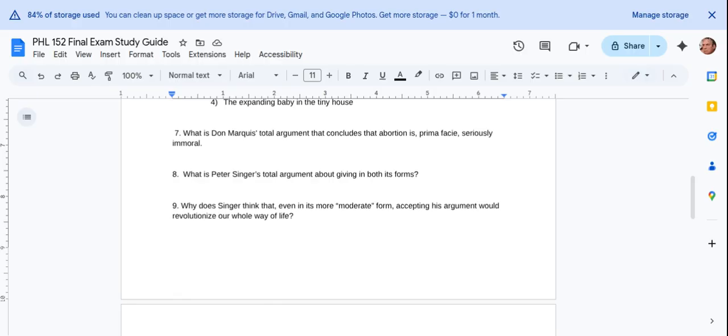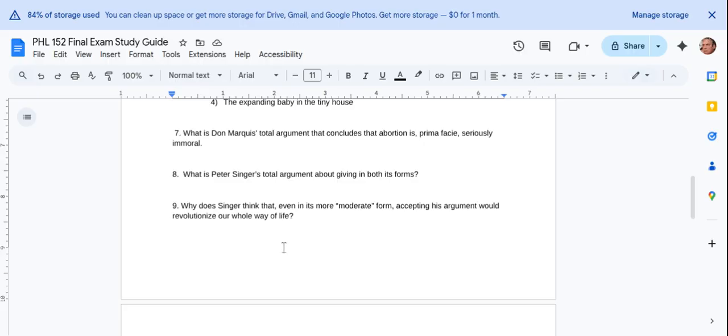It's got two forms. Remember that one is more demanding than the other, and one of them has to do with sacrifices of comparable moral importance as opposed to sacrifices of things which are of no moral importance. To see how one is more demanding than the other is really crucial.